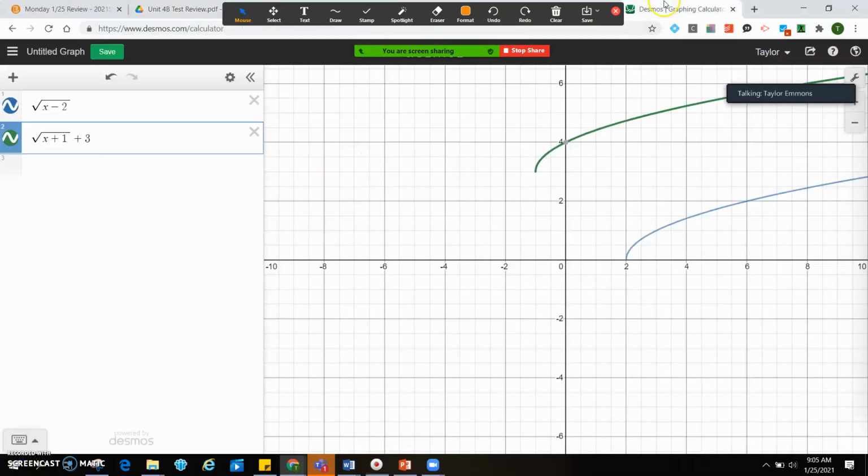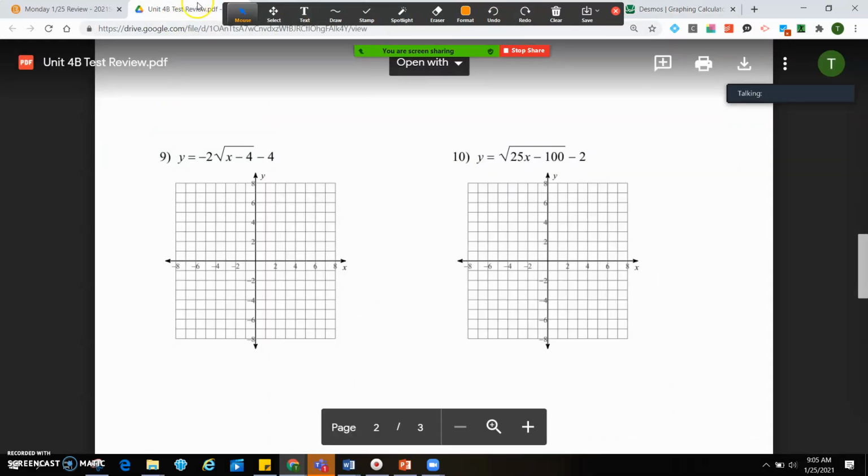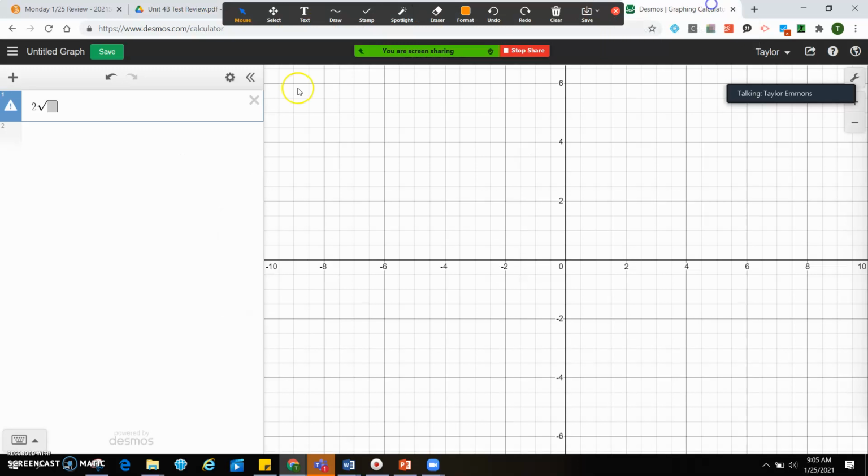Okay, so we're going to take that first one and plug it in here. And we're going to get negative 2 square root of x minus 4, minus 4. So x minus 4 minus 4, and we've got that negative out front as well.